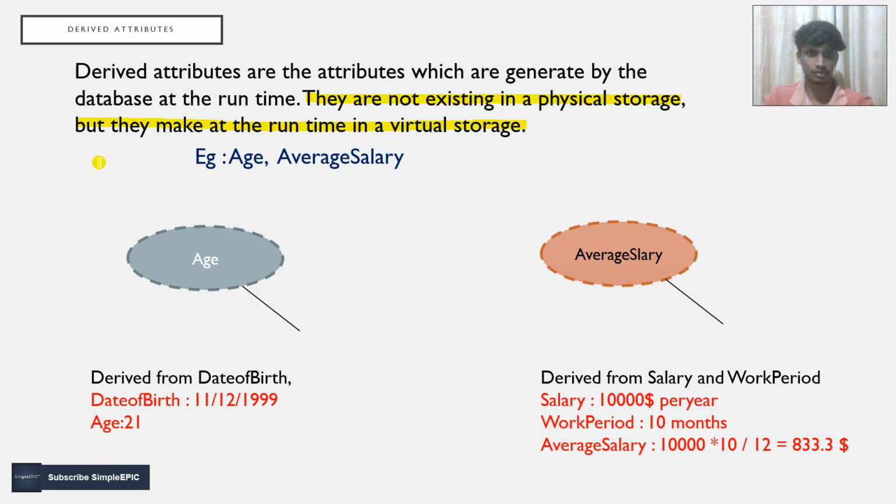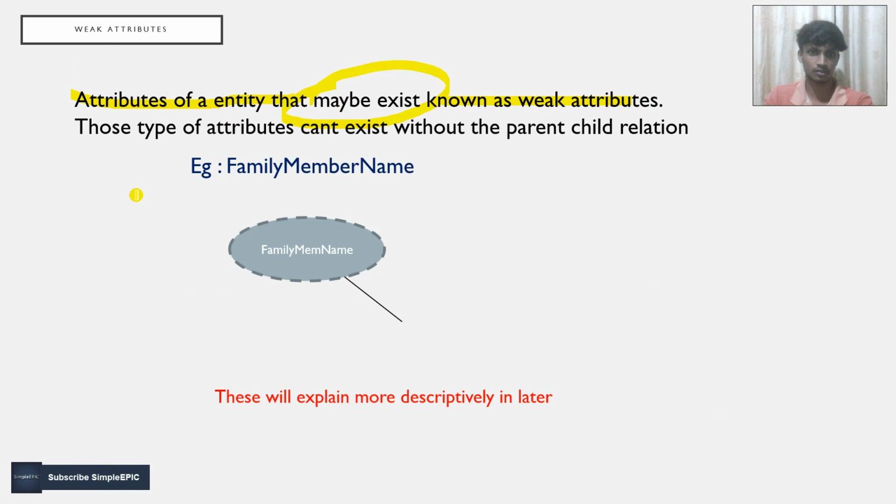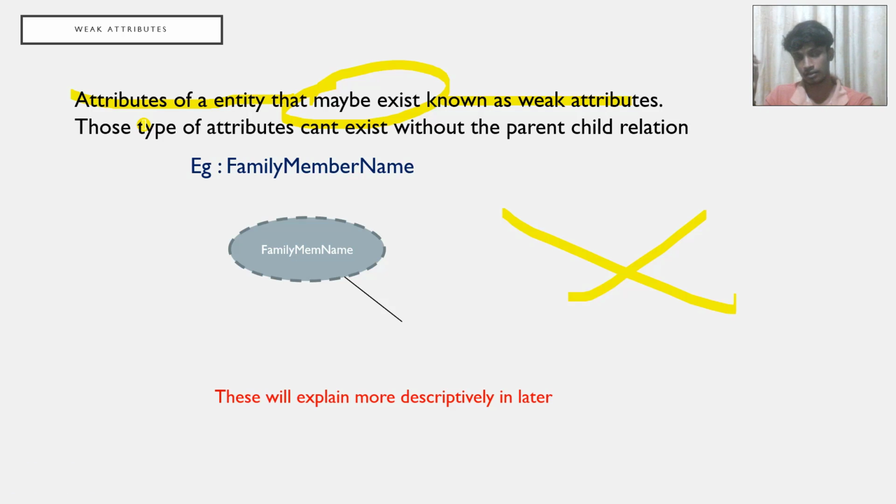Maybe I mixed up these attributes. Okay, so here I have made some mistake. For now just ignore this part. At this stage I can't initially say what weak attributes are. Weak attributes will come with weak relationships and weak entities at the end of this series.